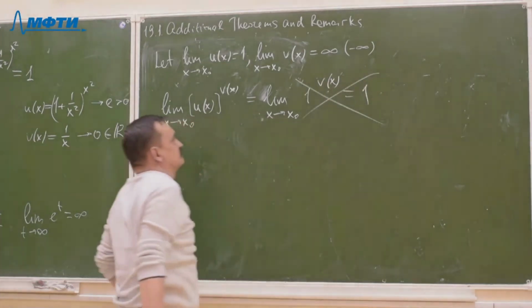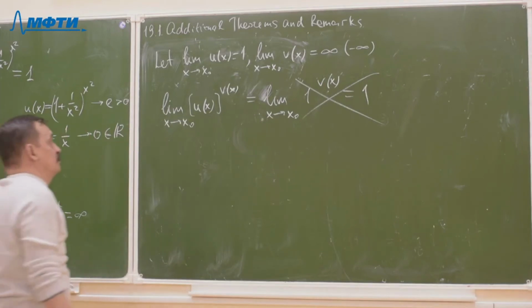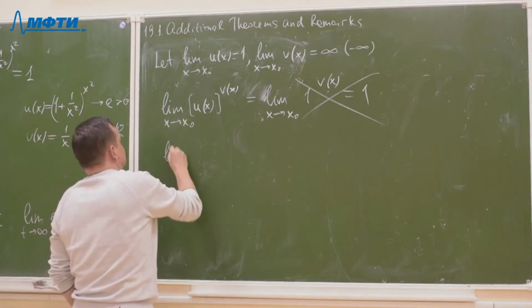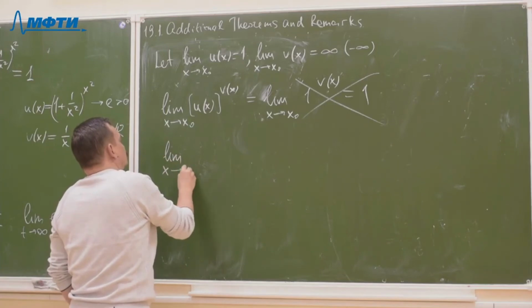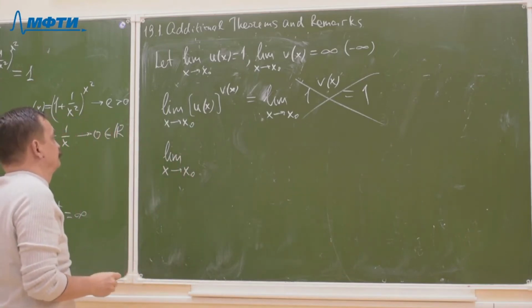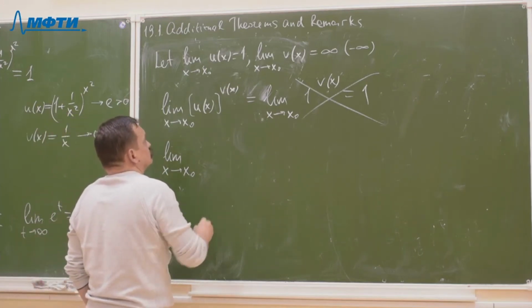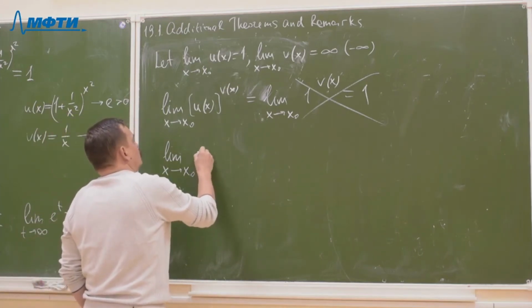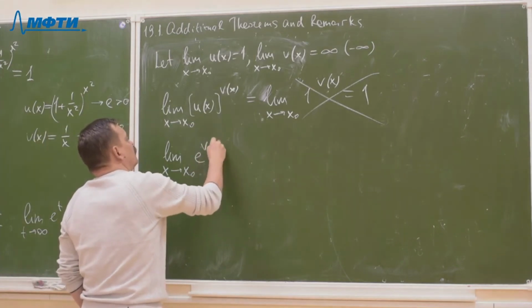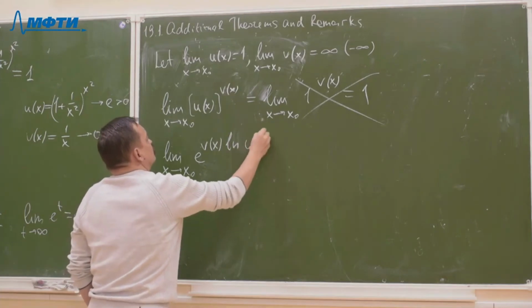That is wrong, right? But how can we do? We can write it like that: e to the power v of x times logarithm u of x, right?